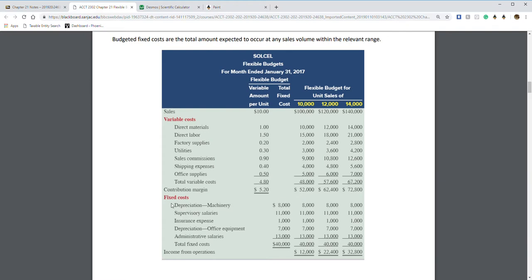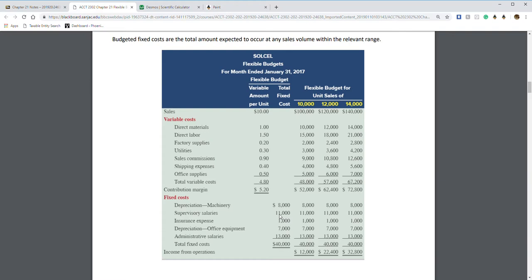Next, we've got our fixed cost. Of course, we already know fixed costs are costs that just do not change. Some of this is overhead, so watch out, because depreciation on machinery will actually be factory overhead, but it's more of a fixed cost. No matter how many units we make, the cost will be the cost. It will not change, so do not change these numbers.